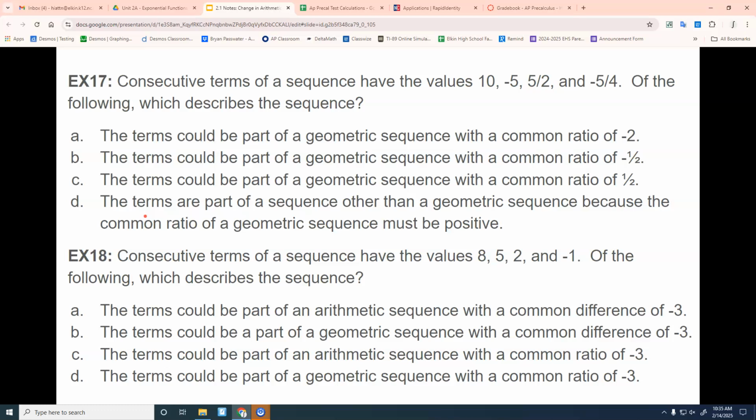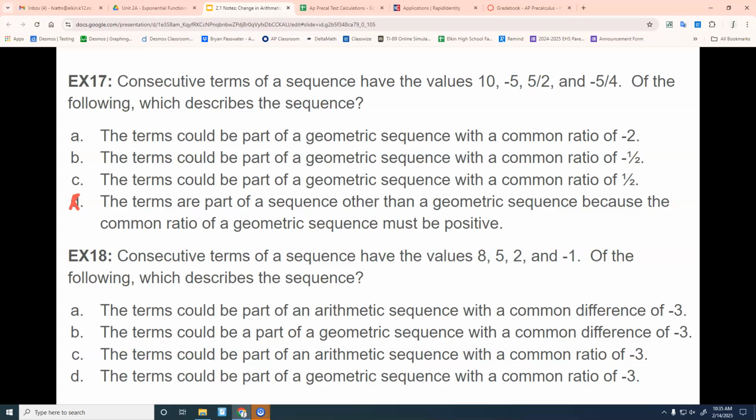So I've got my options. Most of them say this is geometric, but the last one says the terms are part of a sequence other than a geometric sequence because the common ratio of a geometric sequence must be positive. Have we heard that anywhere? No, that one's not going to be it. So all my options are geometric.